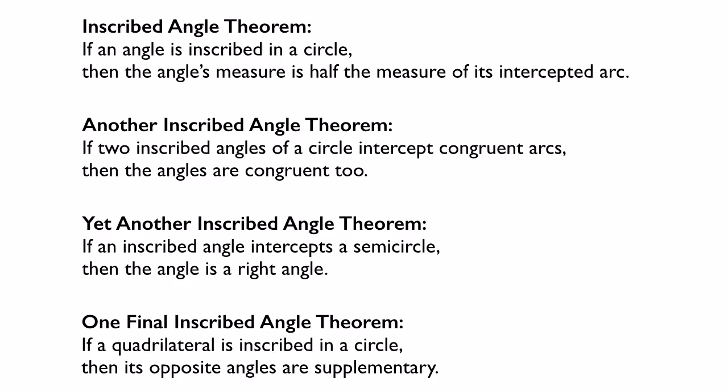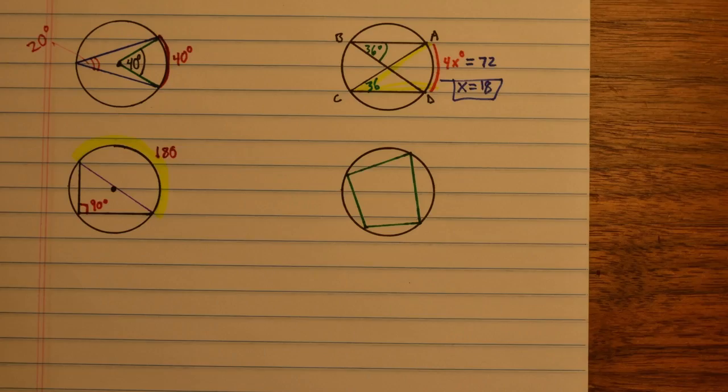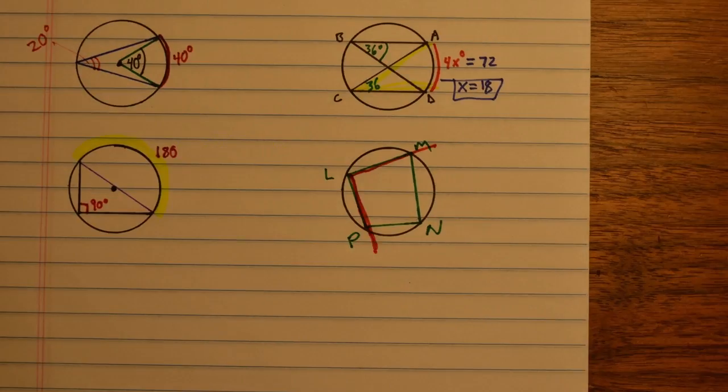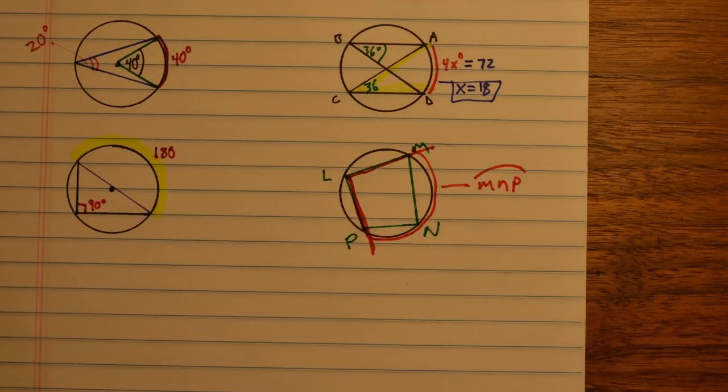Then our last theorem dealing with inscribed angles, if we have a quadrilateral inscribed in a circle, then opposite angles are supplementary. So inscribed means the quadrilateral is drawn entirely in the circle and its vertices are on the circle. So let's call this LMNP. If you look at angle L, I see angle L intercepts arc MNP.